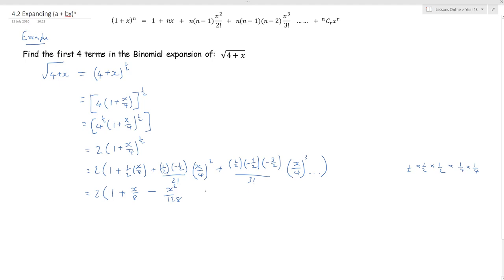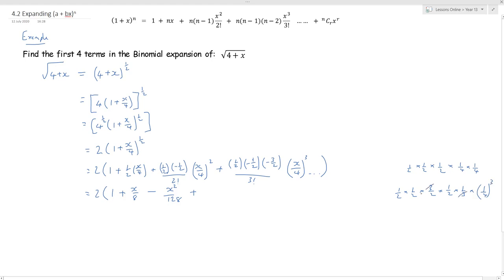I've got 2 negatives here, so I'm going to have a plus. And again, working out here in the margin, 1/2 times 1/2 times 3/2 times 1 over 3 factorial, so that's 3 times 2, so 1/2 times 1/3, and then I've got 1/4 cubed.